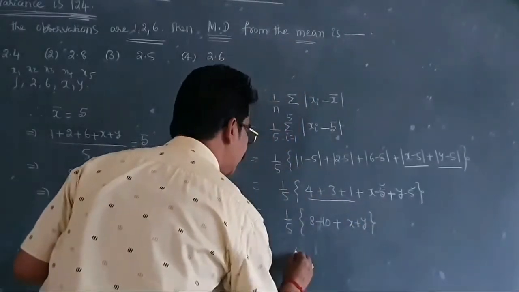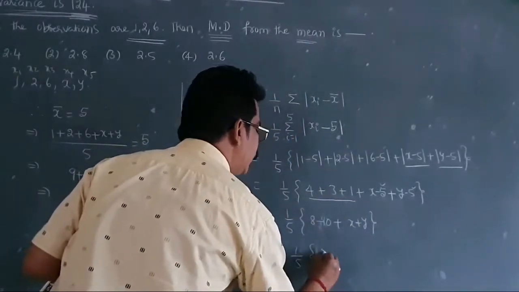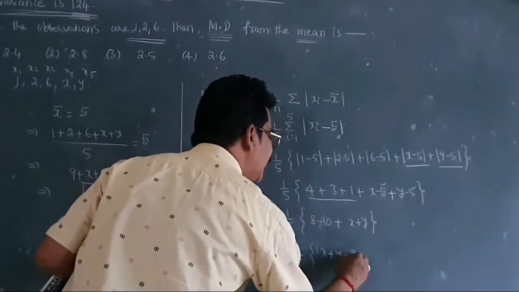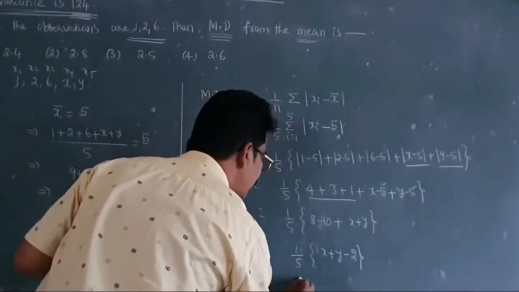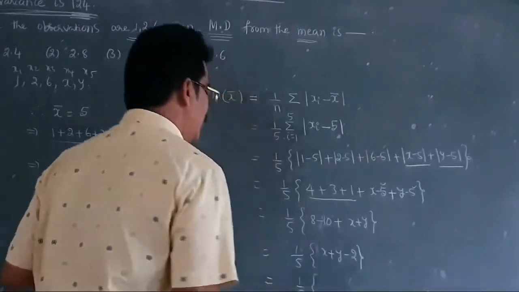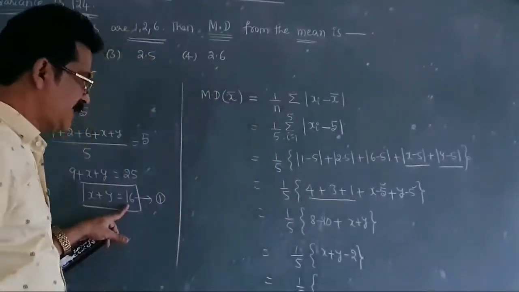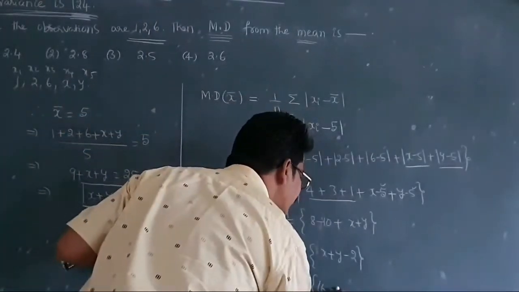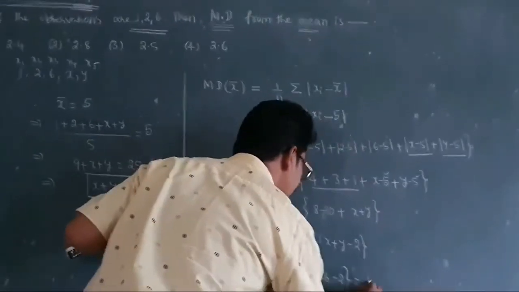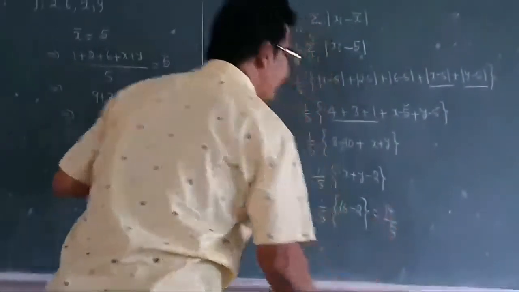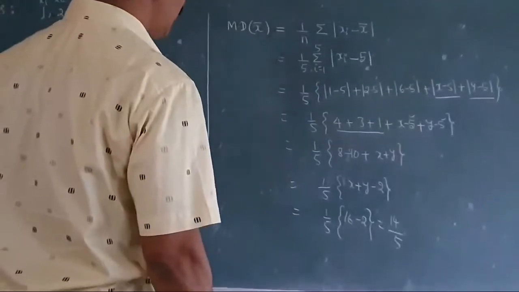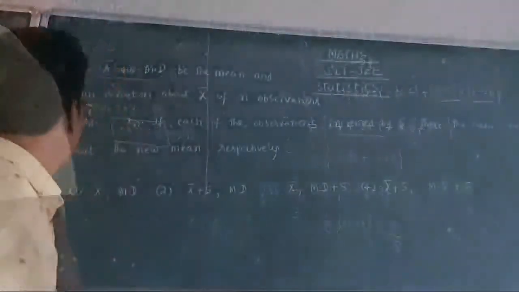So that is equal to 1 by 5 into (x plus y minus 2). That is equal to 1 by 5 into, what is the value of x plus y? 16. 16 minus 2. That is equal to 14 by 5. 14 by 5 means the second option is right.